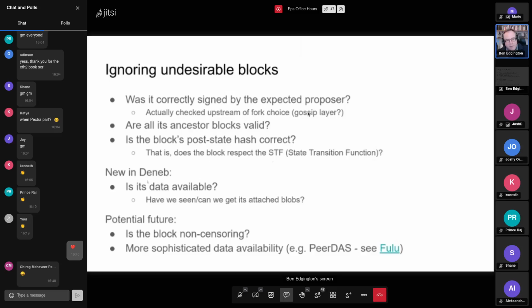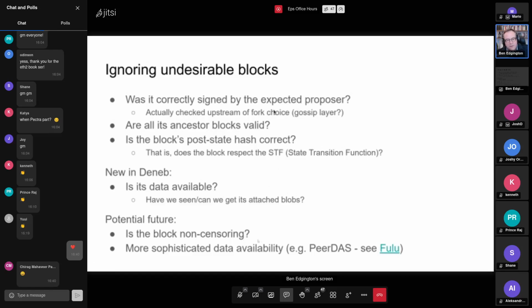New in Deneb this time last year, we added blobs, and we have another check. We only include in the fork choice blocks whose data is available. If we cannot get the attached blobs for a block, then we ignore it until we can. So we can't make the head of a chain a block for which we don't have the data. In future, potentially, we might want to make sure that the block is non-censoring.